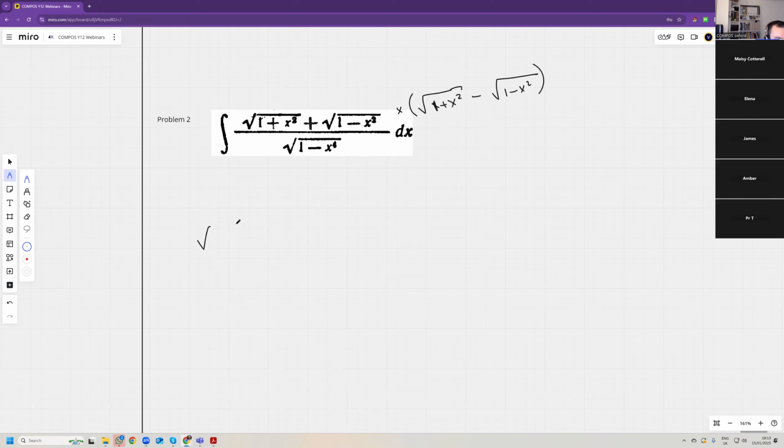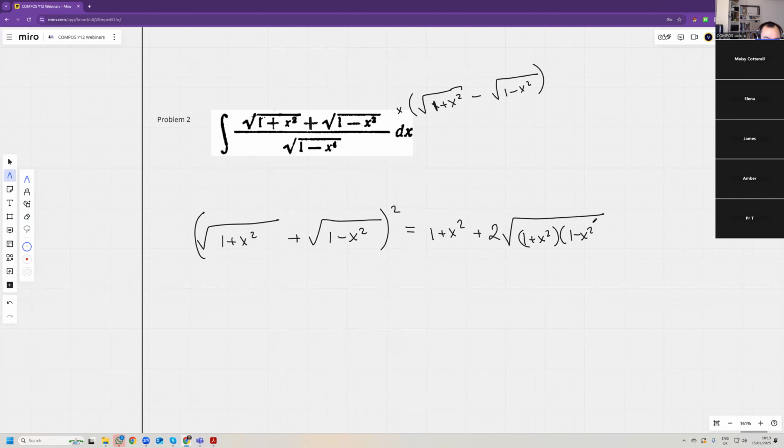So I'm just going to write out root of 1 plus x squared plus root of 1 minus x squared, and I'm going to square it. It's going to be 1 plus x squared plus 2 root of (1 plus x squared)(1 minus x squared) plus 1 minus x squared.